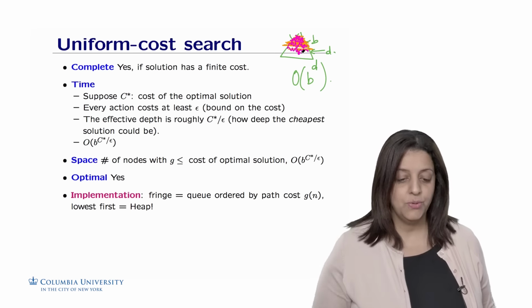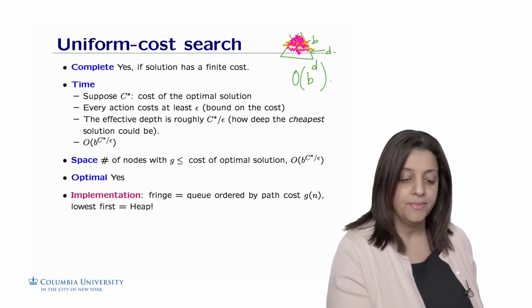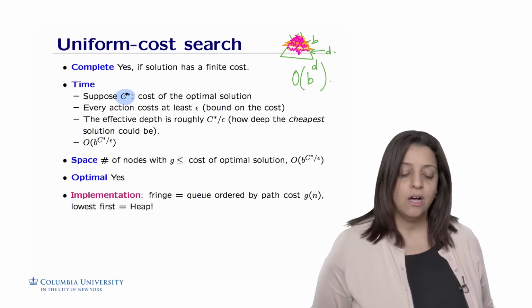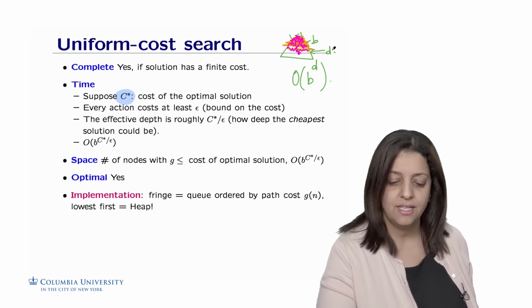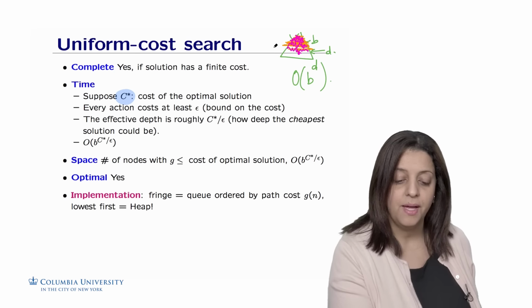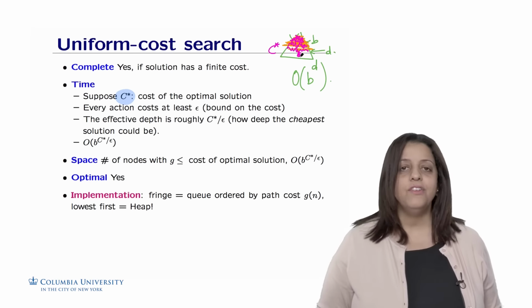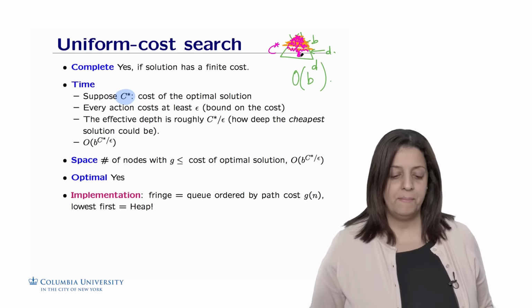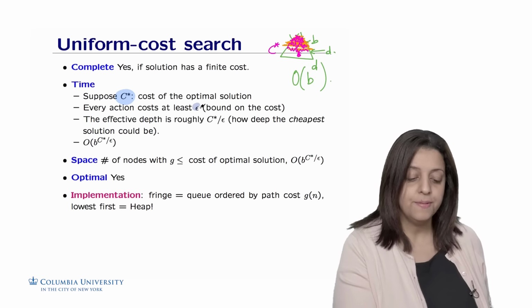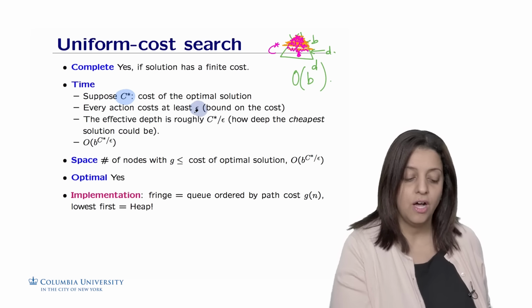First of all, let's suppose that we have a cost C star that represents the cost of the optimal solution. Instead of D, we are going to use C star. Every action also is bounded by some cost, which means that we have a cost of at least epsilon that represents a bound on the cost of each action.